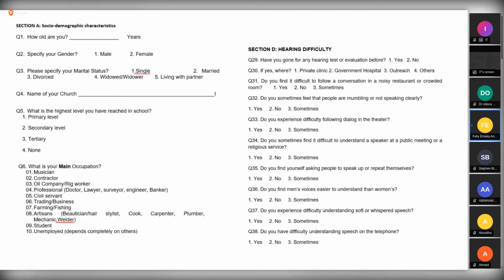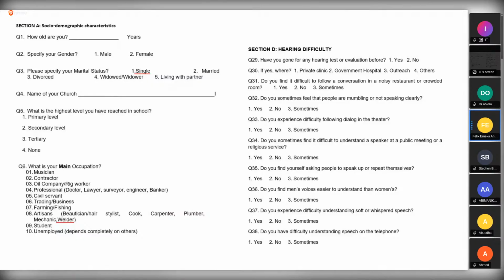Section A is by default social demographic characteristics. And those social demographic characteristics most times is dependent on the population. So the way it is here may not be the way it will be in your own. All right, but this is like a standard. You ask them their age, their gender, their marital status, educational level.